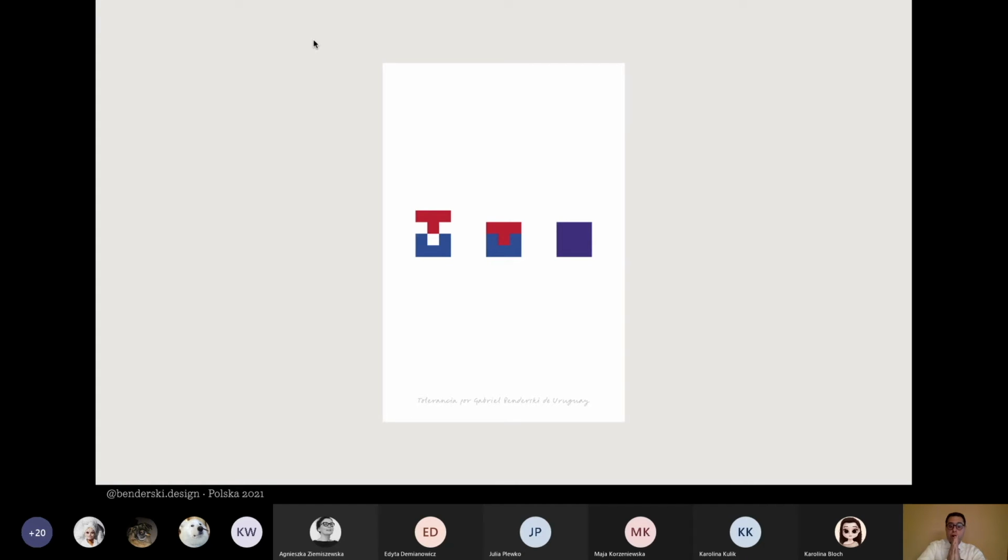It's a sequence of 3 where 2 shapes, one with the letter T of tolerance on red and the other on blue, get together, and both of them forget about being blue and red and create unity by being purple. And I want to say to you how I came up with this idea.